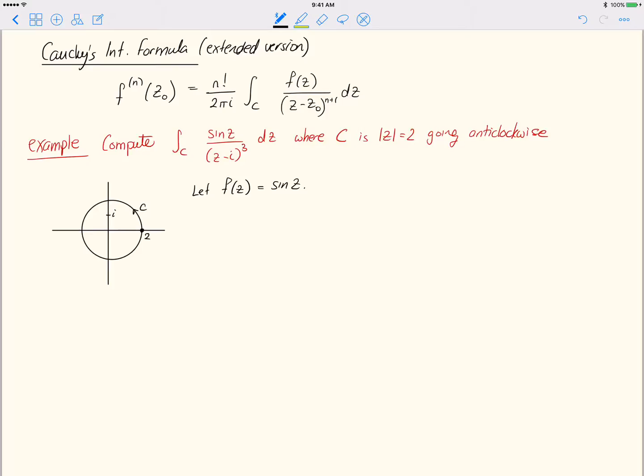Now again, sine is an entire function, so it's going to be analytic everywhere. So of course it's going to be analytic inside and on C. And obviously we can see that i is an interior point.